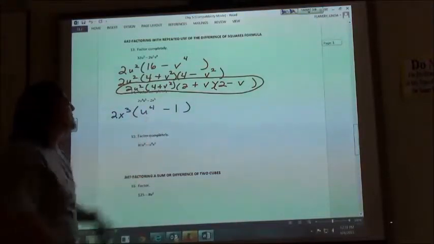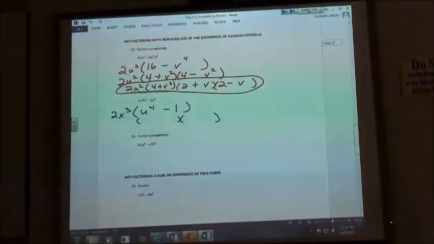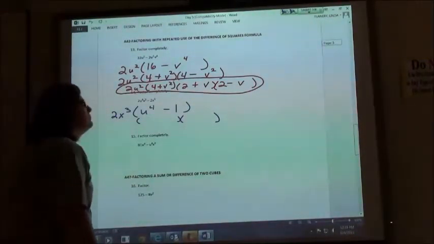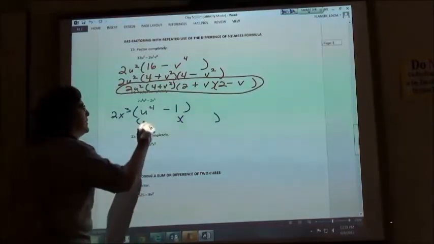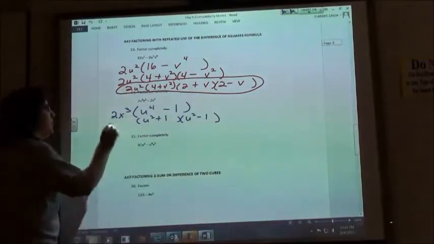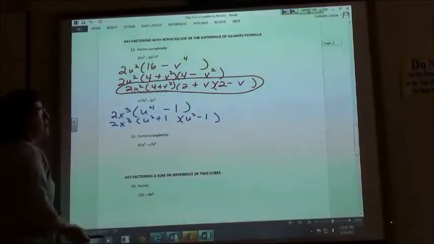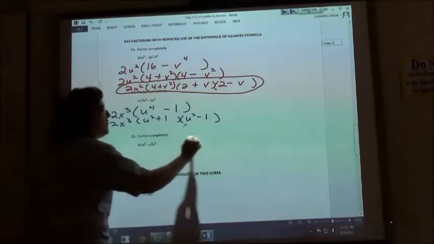But again, you can see we have the difference of perfect squares. U to the 4th minus 1 factors into u squared plus 1 and u squared minus 1. Again, we can't factor the sum of squares, but we would factor that difference of squares.